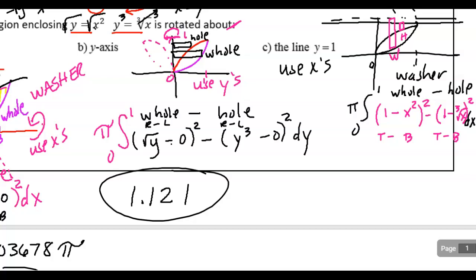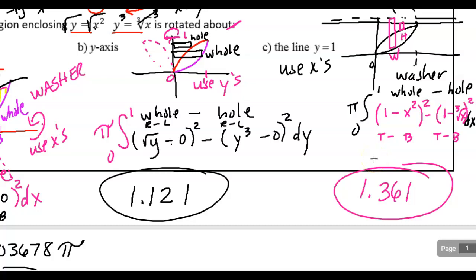So cubed root of x, close your parenthesis, and then square it. So make sure everything gets typed in correctly. That's really like the biggest issue. dx. Just double checking. 1 minus cubed root of x squared pi. I got 1.361.